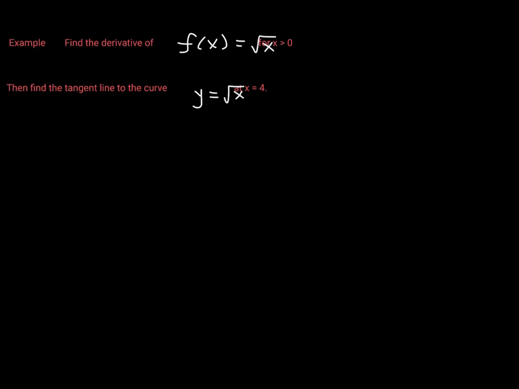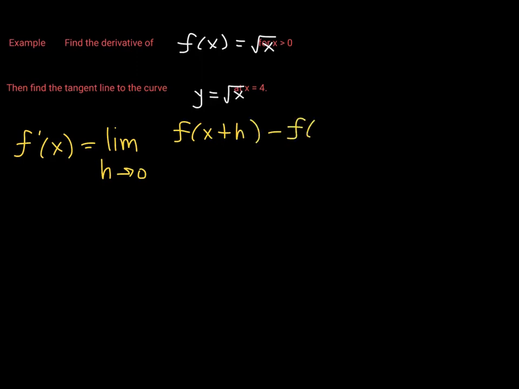All right, so let's first find the derivative of this function. So here we go. F prime of x is equal to, let's use our definition, the limit as h approaches 0 of f of x plus h minus f of x all over h.